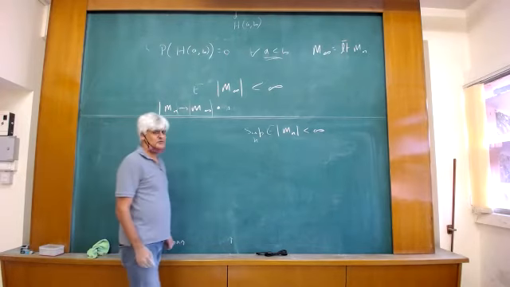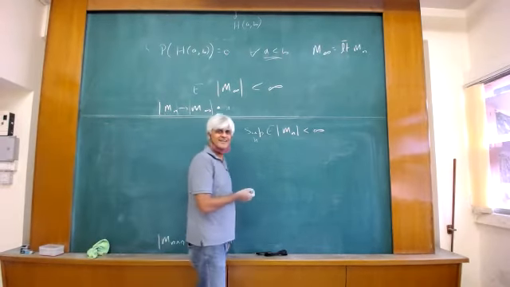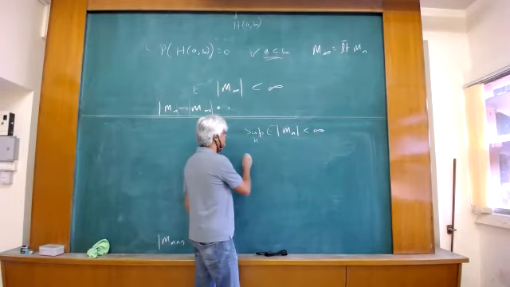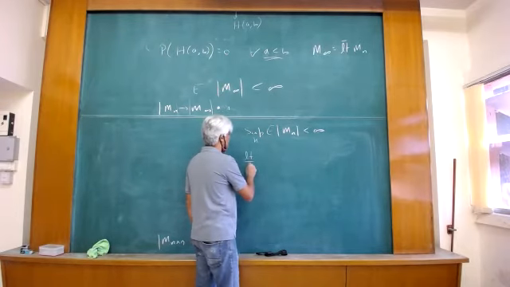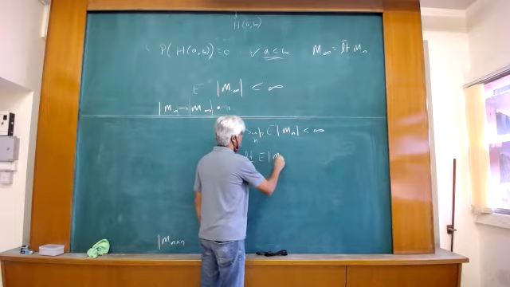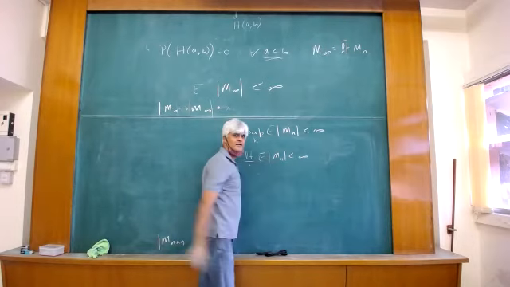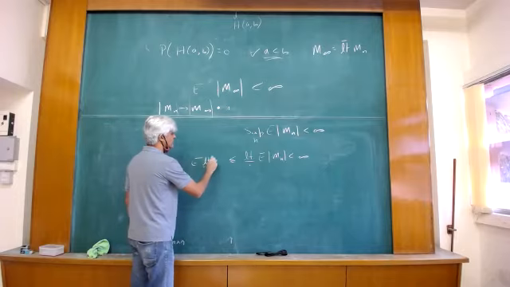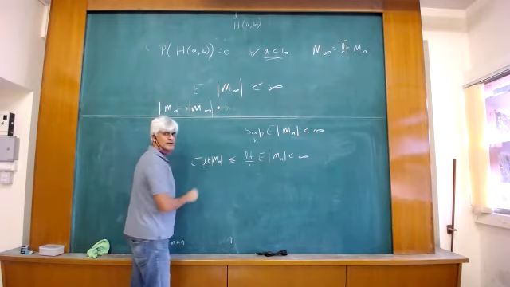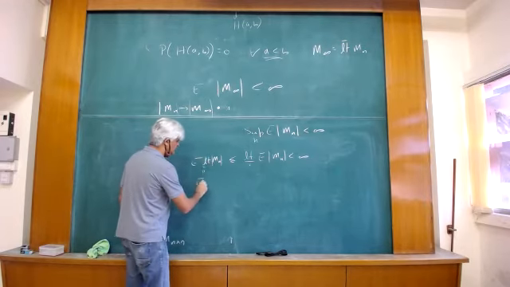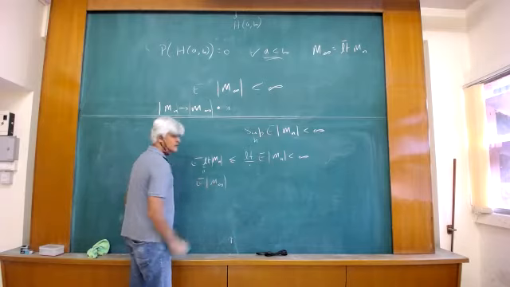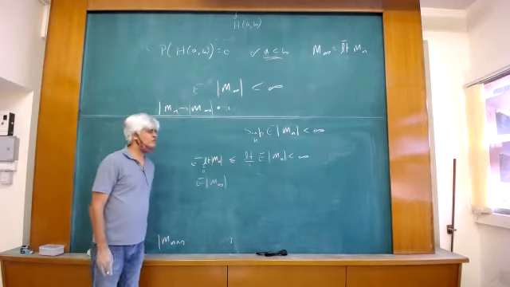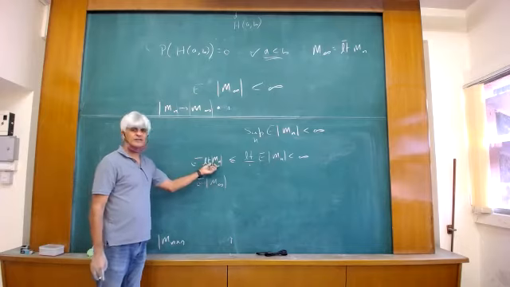But do you agree that this implies that the limit of E of |Mn| is E of |M infinity|? And that's just from Fatou's lemma. We need this to be non-negative.